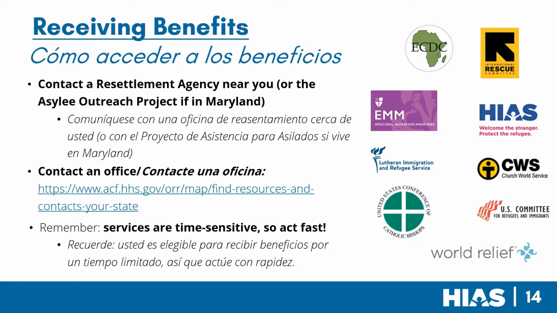And when you contact one of these service providers, make sure you have your identification card as well as your proof of asylum document, which would either be your asylum approval letter, order of the immigration judge, or I-94. And don't worry if you have not yet updated your social security card before contacting them. You don't have to have an updated version in order to enroll in those programs through your local resettlement office.